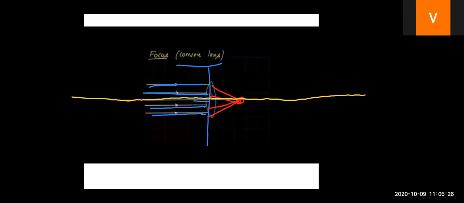Now these rays, when they enter the lens, refraction will occur, and after refraction they will meet at a point on the principal axis. So this point is called the principal focus.